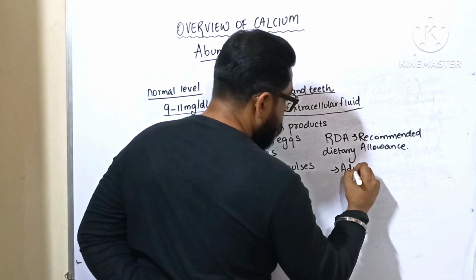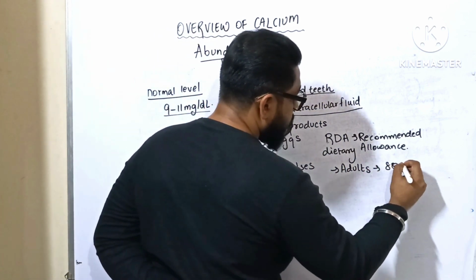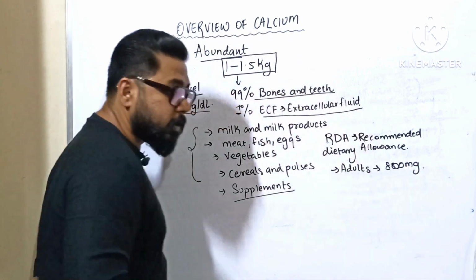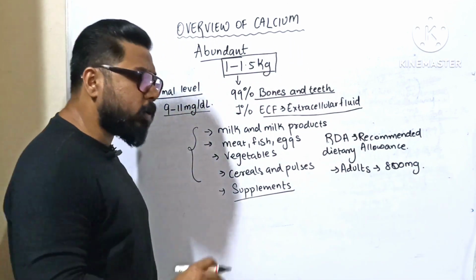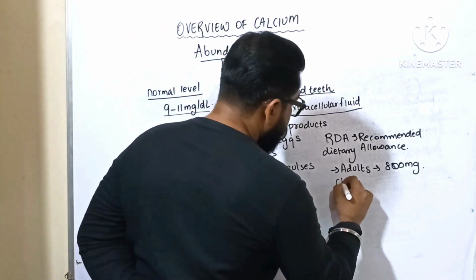In adults, you require around 800 to 1000 mg of calcium on an everyday basis.